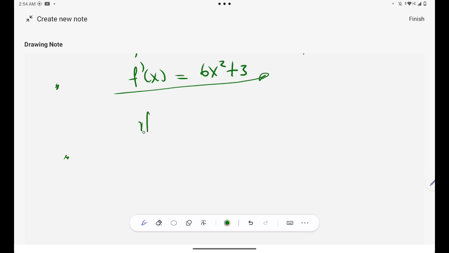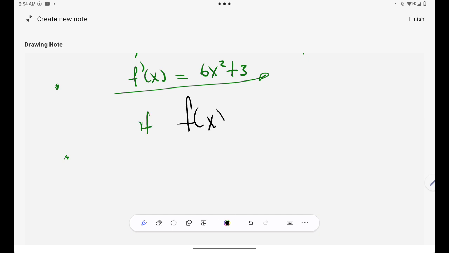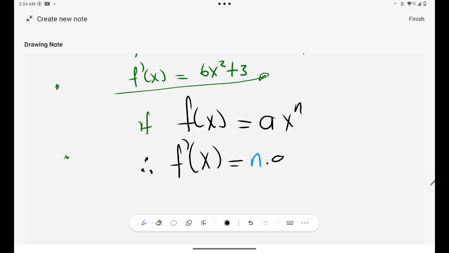The rule says if f of x is equal to a x to the power n, therefore the derivative will be equal to, you take the exponent and multiply it by a, and then subtract 1 from the exponent.